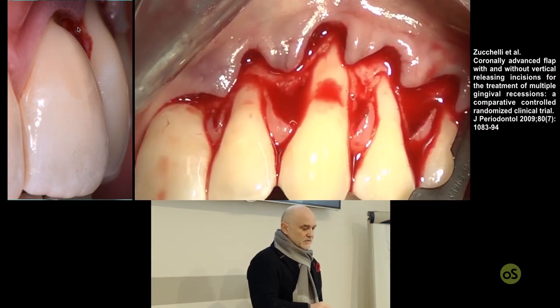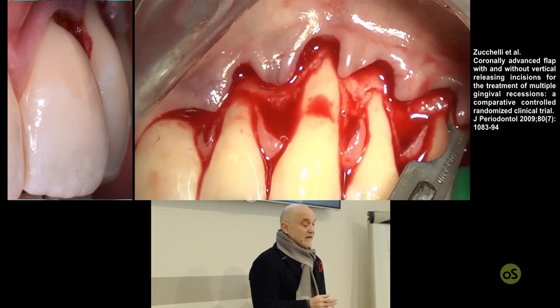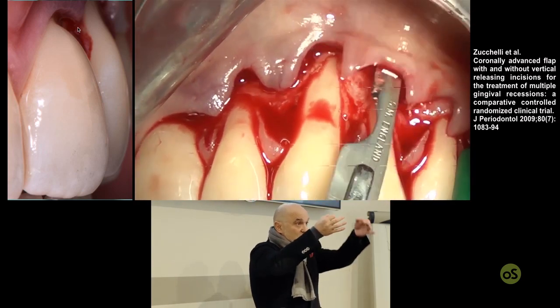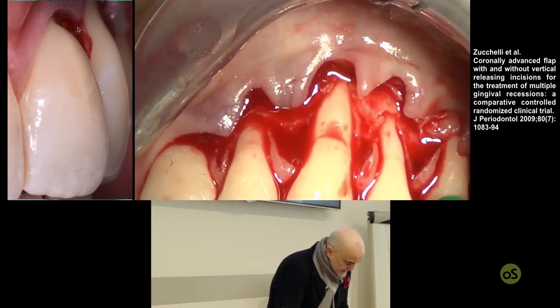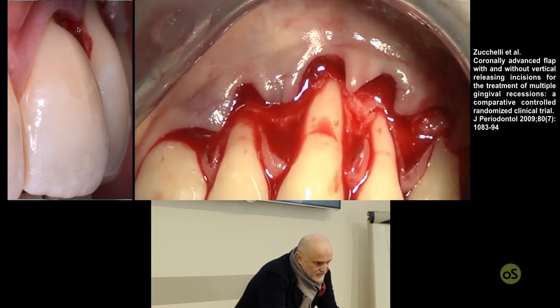Now the central is good, the other teeth have been treated, and we can make the deep and superficial incision in order to advance the flap where there is gingival recession to be treated.